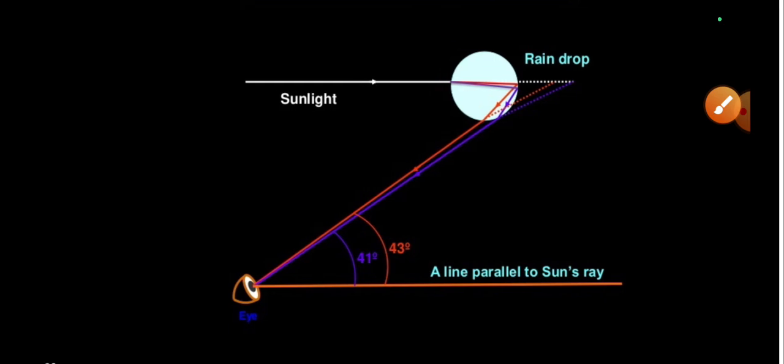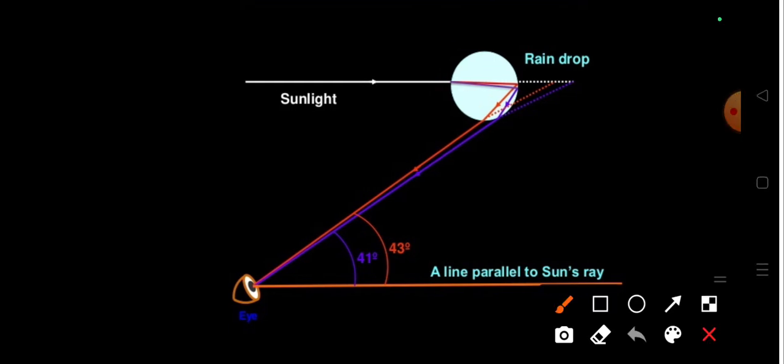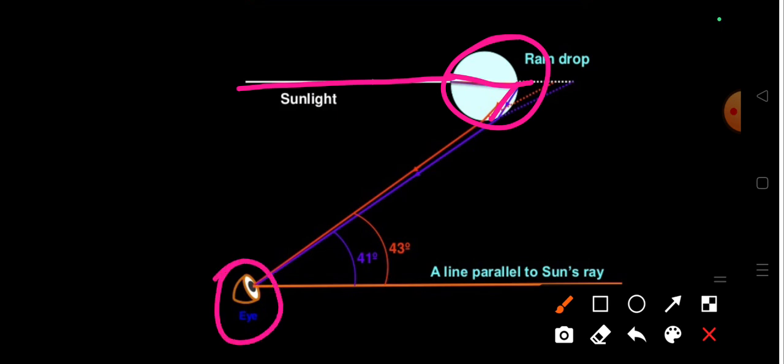Then the formation of a rainbow is given. Okay, this is the sunlight, then this is a raindrop. What I said before: refraction, total internal reflection, then the rays coming out to the observer. Here the observer is looking. This line is parallel to the sunlight.